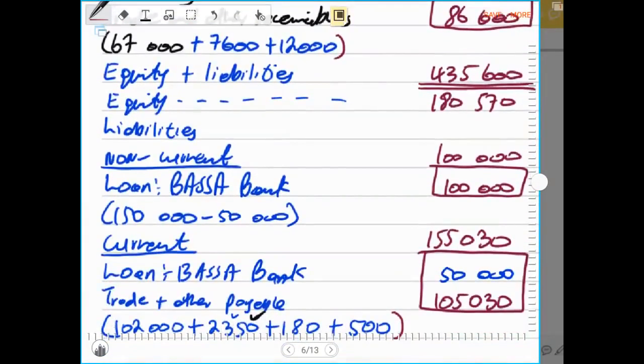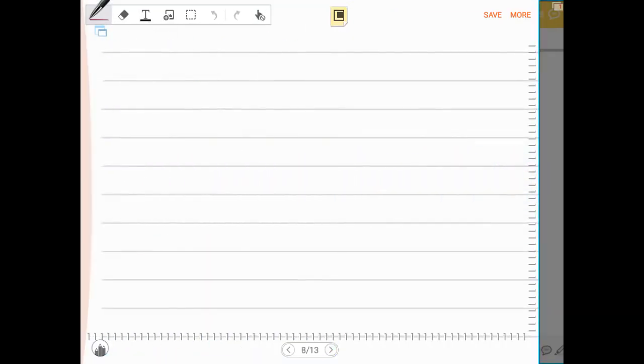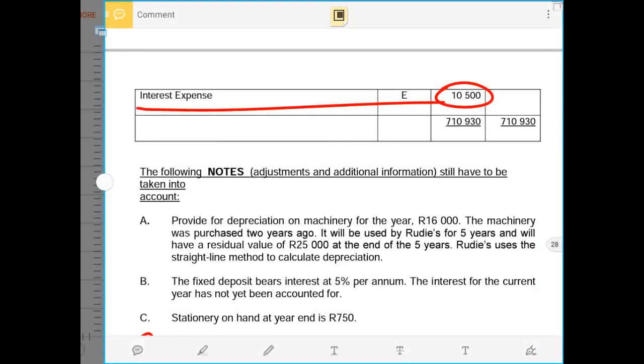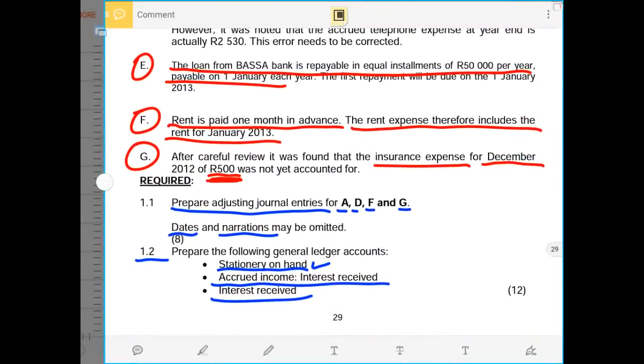So now from here, we can go and do according to what was required in terms of 1.1 and 1.2. In 1.1 we're required to do general entries A, D, F, and G. We have done that already.